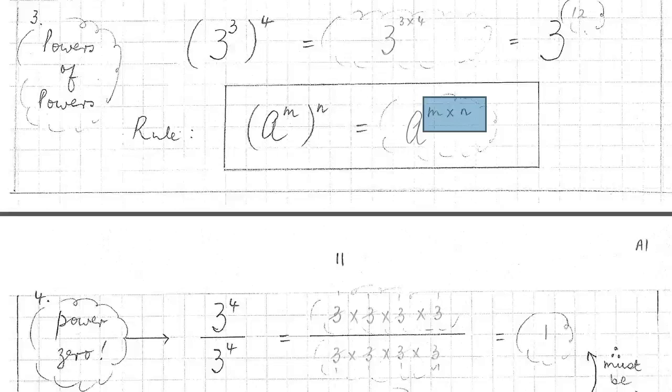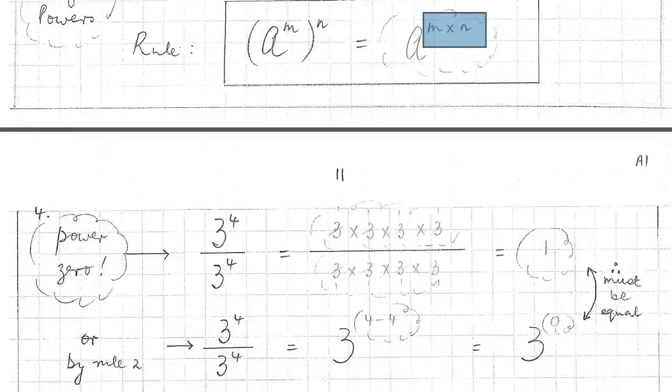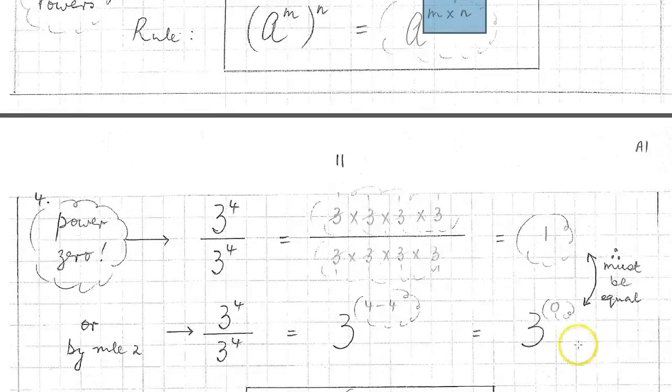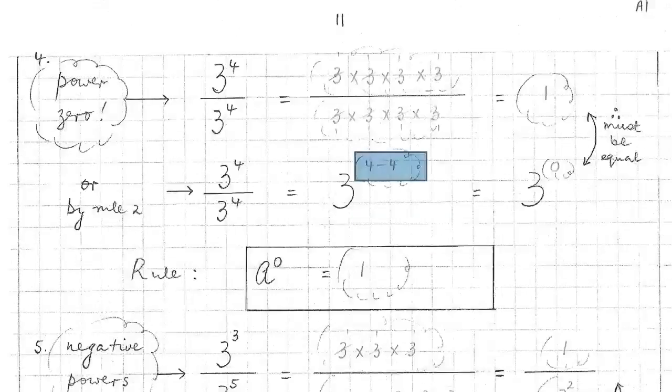But if you decided to use rule 2, you would subtract those powers. So you would then get 3 to the power 4 minus 4, and that's 3 to the power 0. So you realize, if I use the rule, I get power 0, but the actual answer is 1. So you must realize anything to the power 0 is 1. So let's put that in our rule in the box. a to the power 0 is 1.